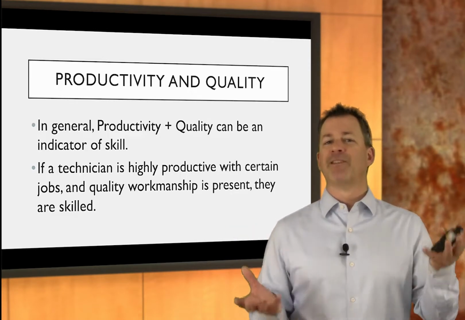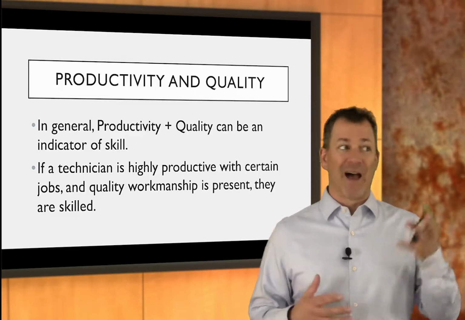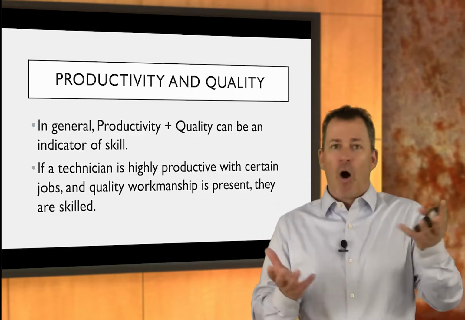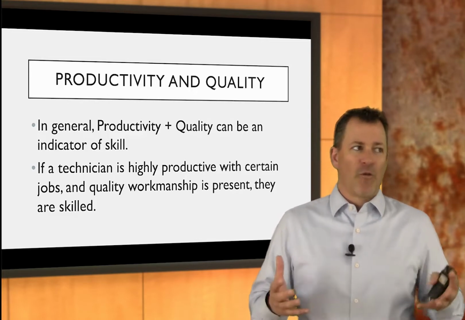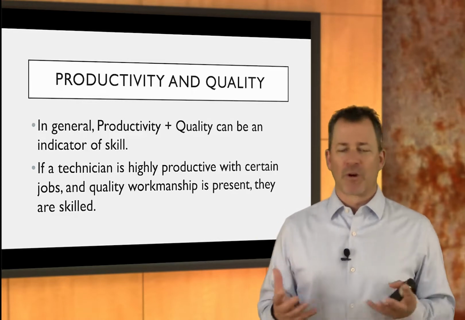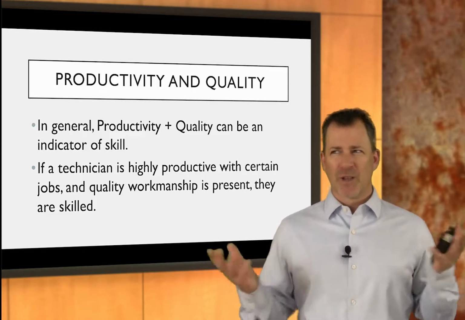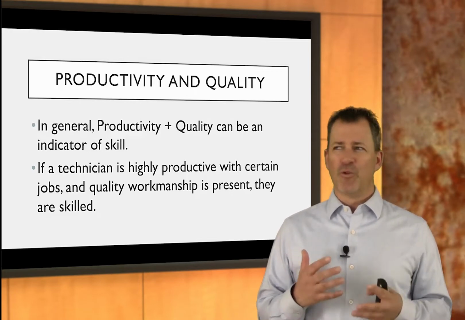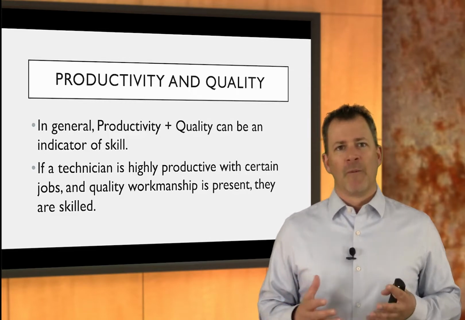So it's a real balance between productivity and quality and productivity and diagnostics, and you've always got to be juggling this. And as a new service advisor, that can feel overwhelming sometimes. But have the conversation with others in your organization about who is really good at what, and pay attention to who gets comebacks, who seems to really do a lot of work but never get comebacks.